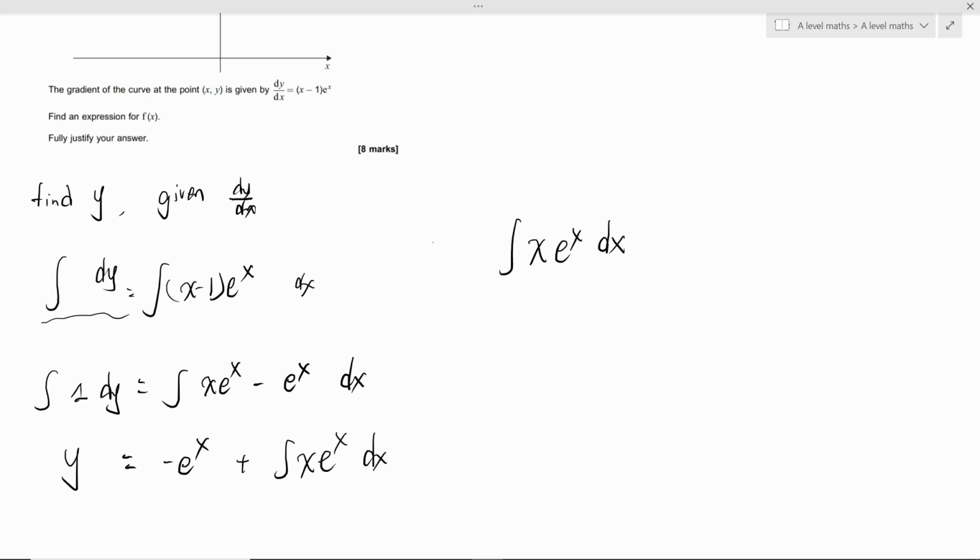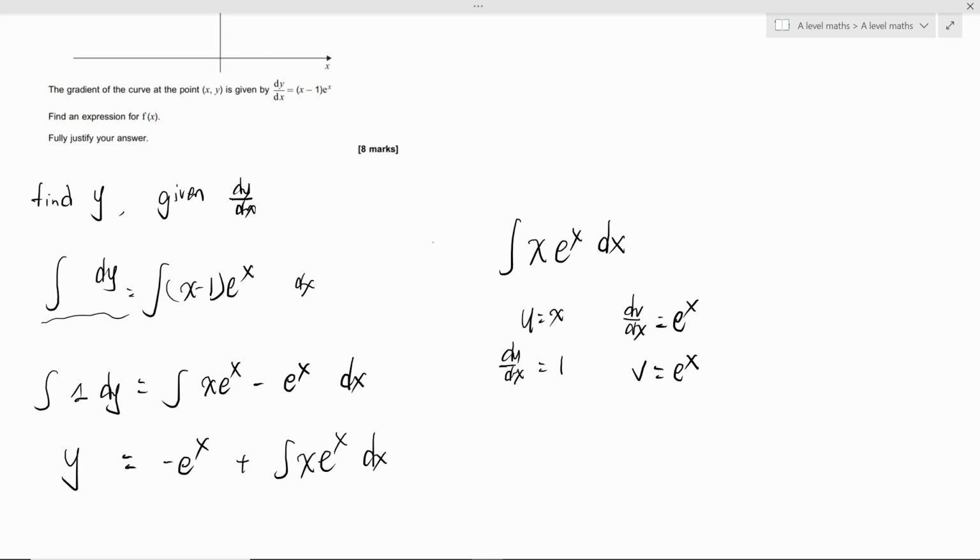The main reason to use integration by parts here is that I want to reduce it to something in the form of just e to the x or a linear multiple of e to the x. How? The simplest thing is to take u to be x, so du/dx is 1, and let dv/dx be e to the x, and obviously then v is e to the x.